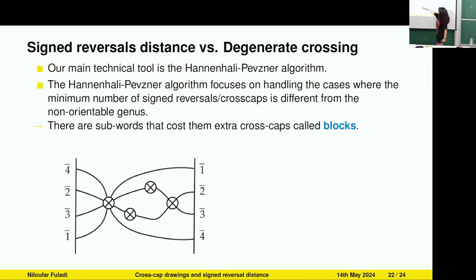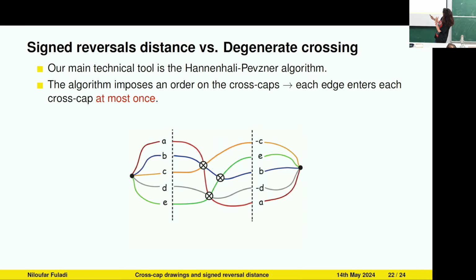So here, for example, the genus of this thing is 3, but their algorithm gives 4 reversals to sort this out. Oh my god, I forgot to tell you something, so I have to go back. One thing in their algorithm is that they start at one permutation, then they add 1 cross gap at a time. So there is some order on the cross gaps and some monotonicity.